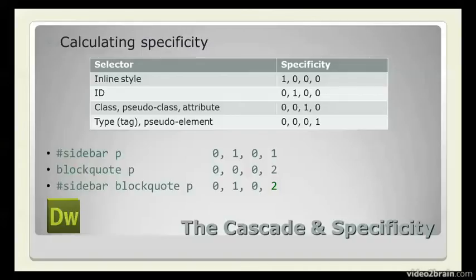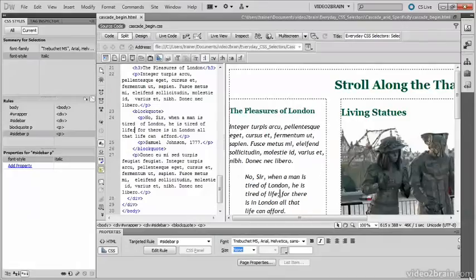So if you're trying to style paragraphs inside a block quote, and it doesn't work, it could be because the paragraphs are inside an element with the ID sidebar, so you would need to use the last one to override the second. Let's see that in practice. In this page here, I've got a block quote with a paragraph inside it.